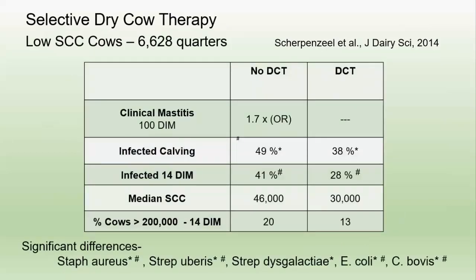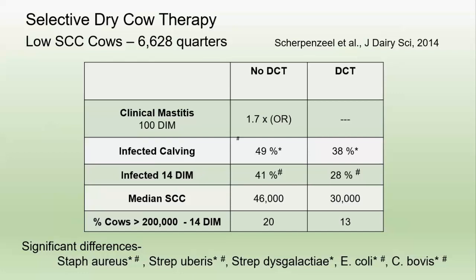In this study as well, again using somatic cell counts as a threshold for determining which cow got treated or not, the no dry cow therapy group were 1.7 times more likely to have clinical mastitis in the first 100 days of milk, were significantly more likely to be infected at calving and 14 days in milk, and their somatic cell counts were slightly higher, although not statistically so.